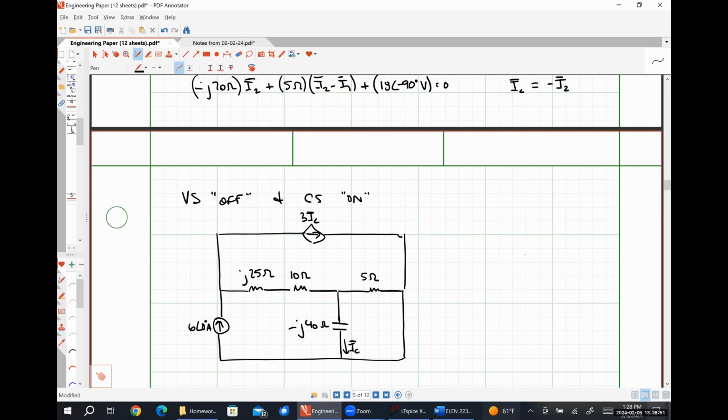I'm going to do mesh again. Nodal could definitely work. So let me think. So I'd have 1, 2.